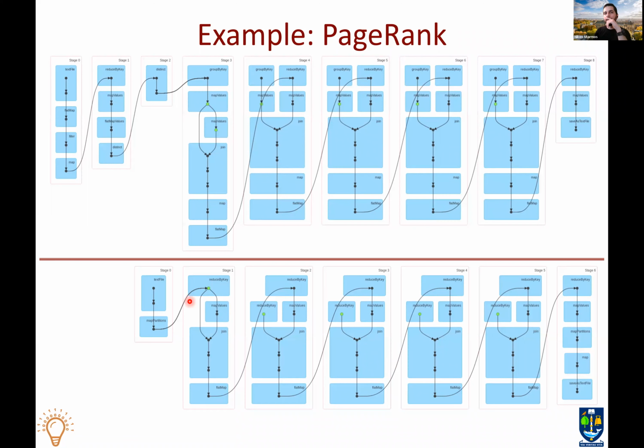So it's one thing to write code in Spark that does something you wanted to do, like compute a PageRank. And it's a different thing to do it in a way that is efficient, right? And I hope that you'll have the opportunity to explore this as part of the labs and the assessed exercises.